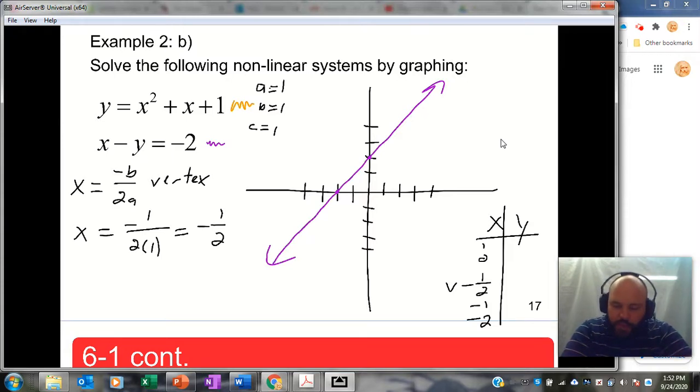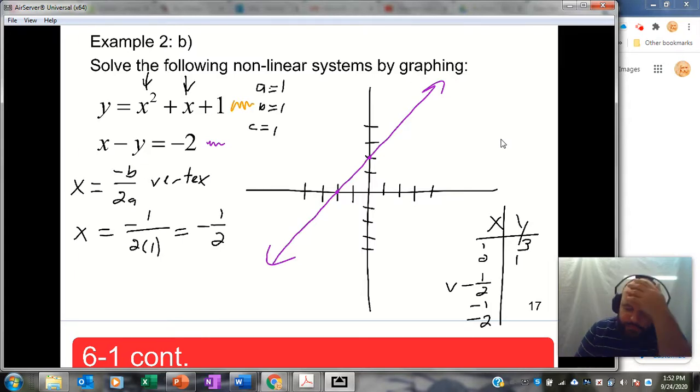But if I plug 1 in right here, we're going to start from the top. If I plug 1 in, 1 squared is 1, plus 1 would be 2, plus 1 would be 3. So over in our table, if I plug the number 1 into that equation, I would get 3 out. If I plugged 0 into that equation, 0 for x squared and then 0 for x, I would end up with a 1 right there.